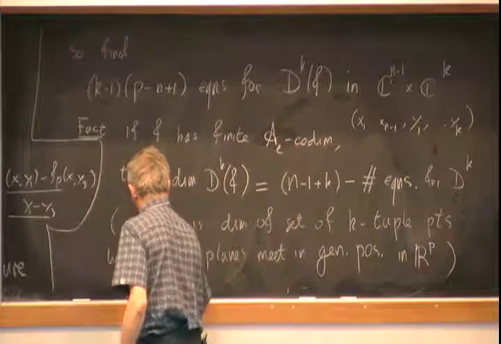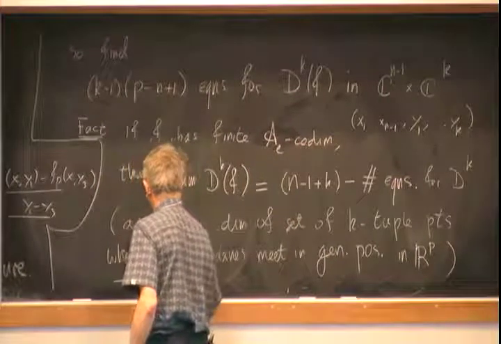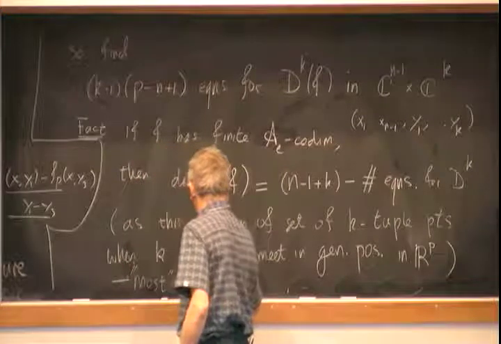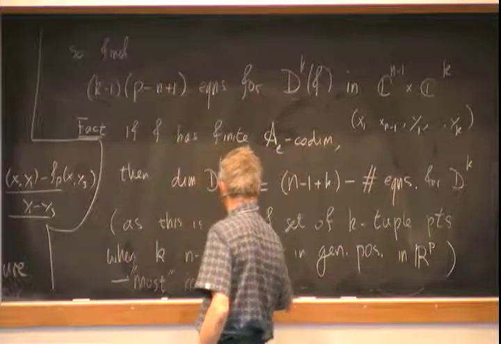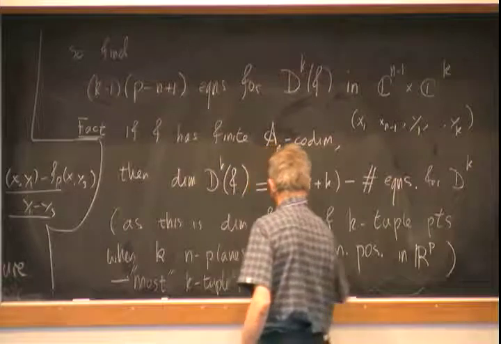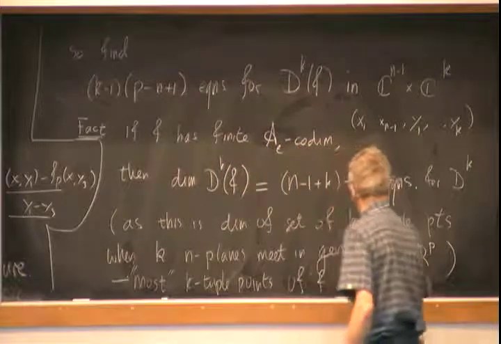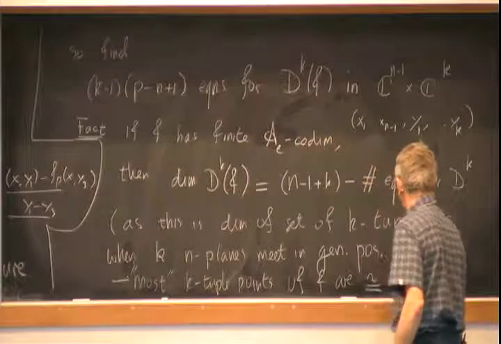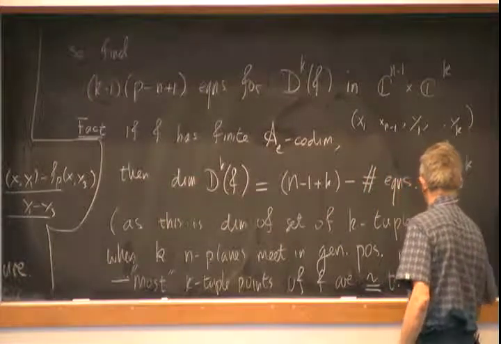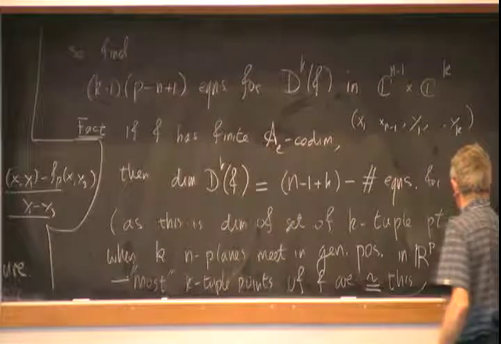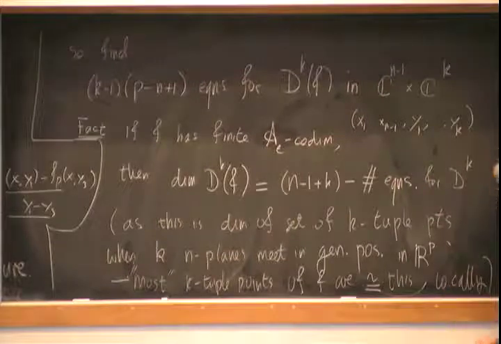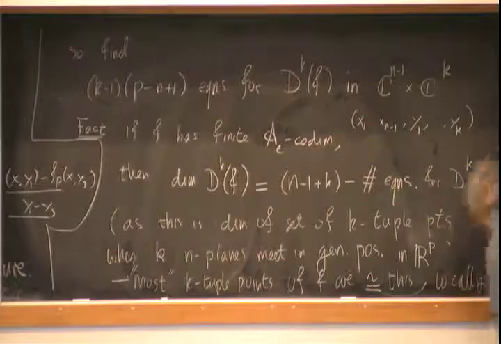Most k-tuple points of f are isomorphic to this locally. Okay, so that's the argument that I tried to sketch.